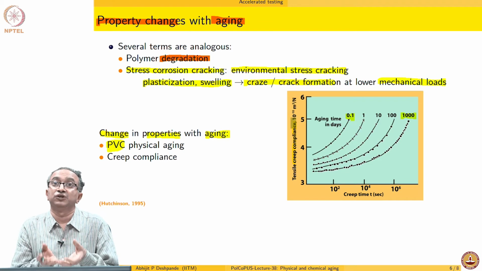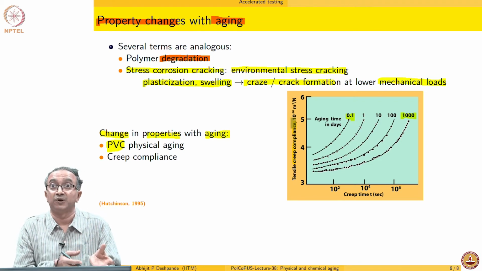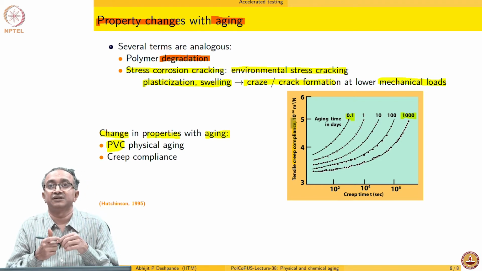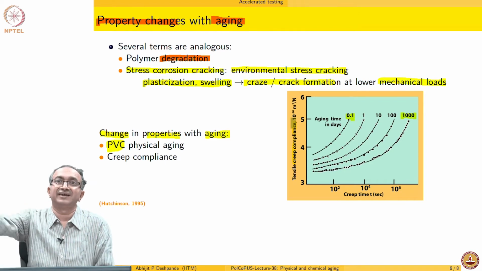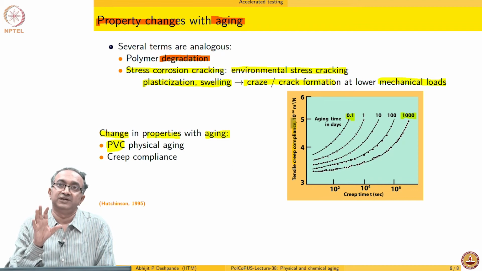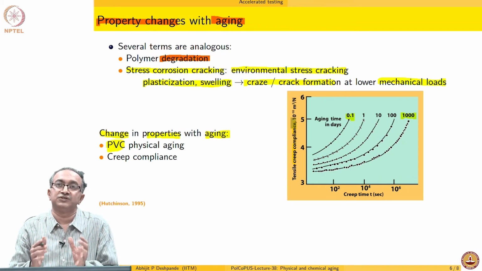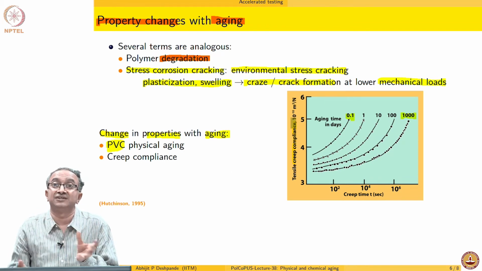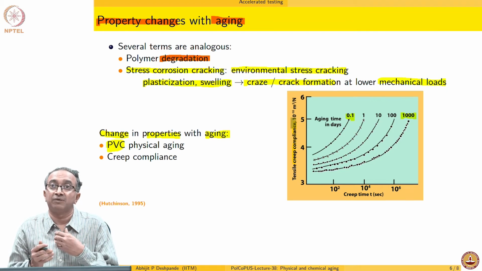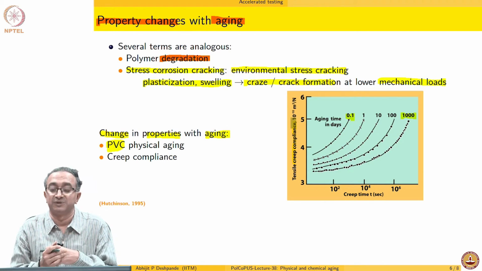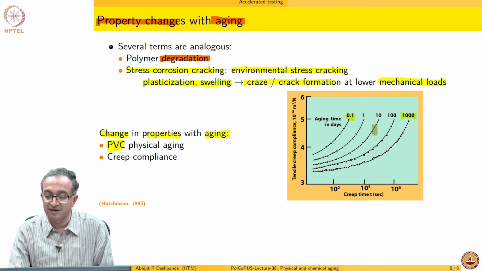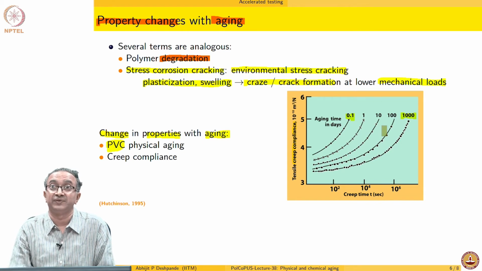Compliance is basically 1 over modulus, so it's the inverse of modulus, and creep is an experiment in which we subject the material to a constant load, like hanging a weight, and then look at the strain as a function of time. The more compliant a material is, the more it strains. You can see that the compliance of this material changes quite significantly with aging.